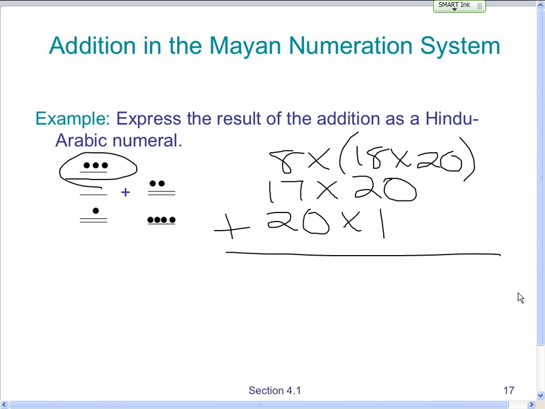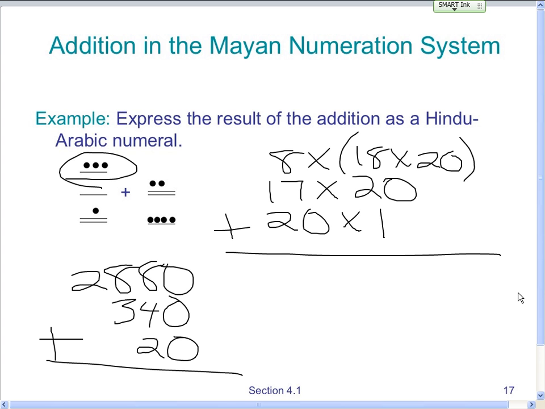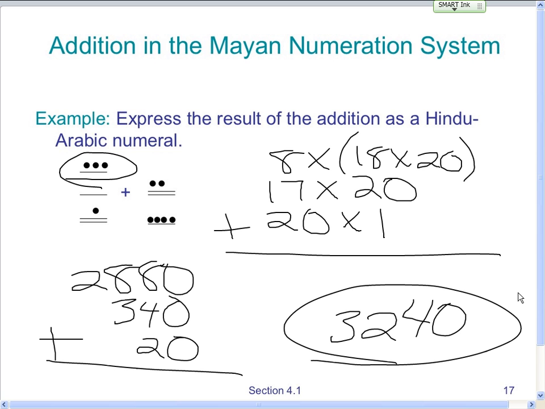So we have 8 times 18 times 20, and that gives us 2,880. 17 times 20, and that gives us 340. And 20 times 1 gives us 20, and we add these up. We are adding, and we get a total, final answer, 3,240 would be the final answer.